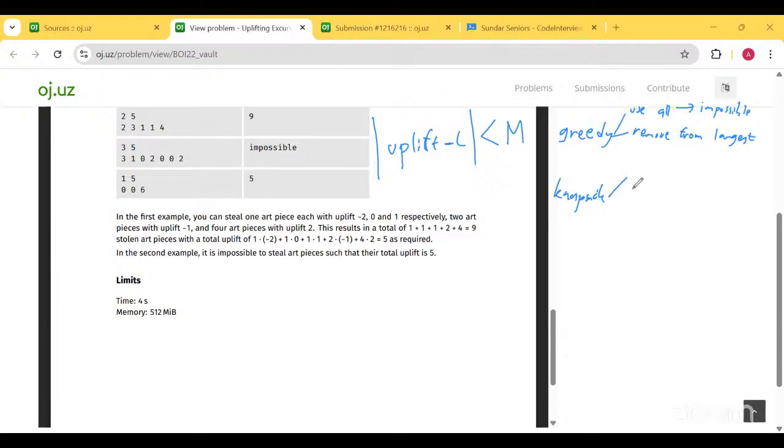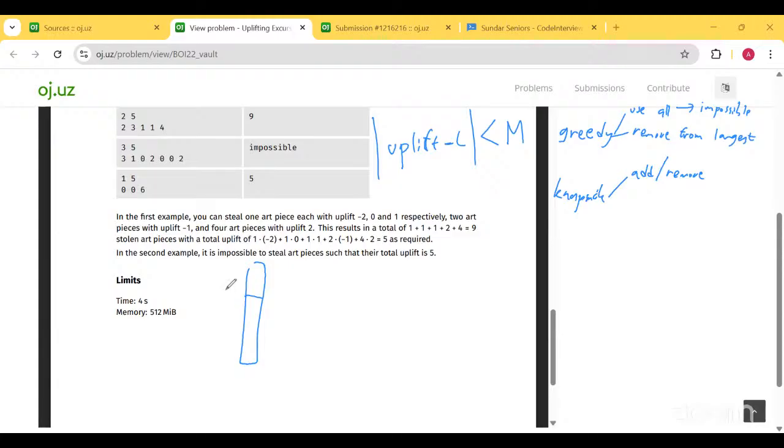And our knapsack idea is like this. At first, we will check for its type of items, and we need to handle adding an item and also removing an item.